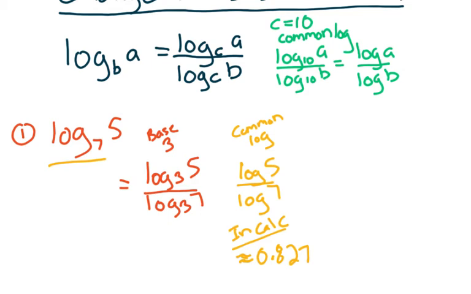Now another common logarithm that we'll see is if we choose log base e. So I could rewrite this problem as log base e of a divided by log base e of b. And log base e is what we call our natural log.